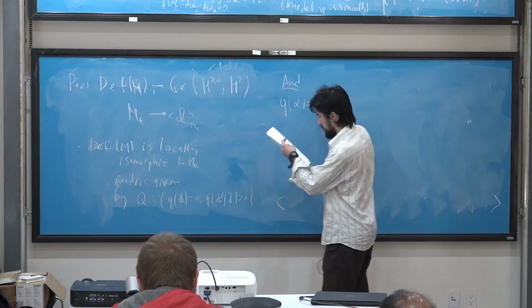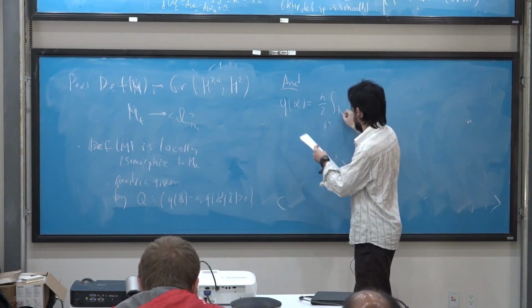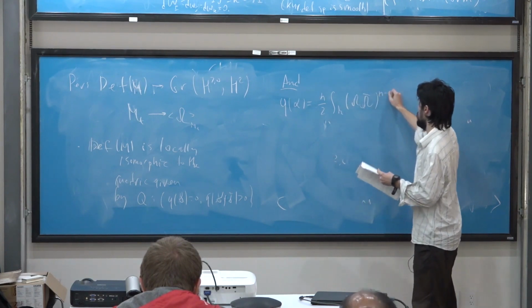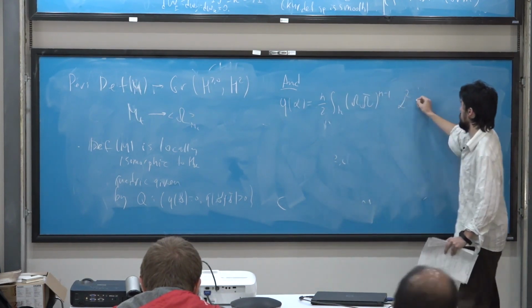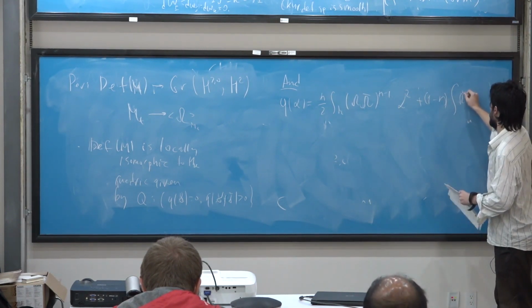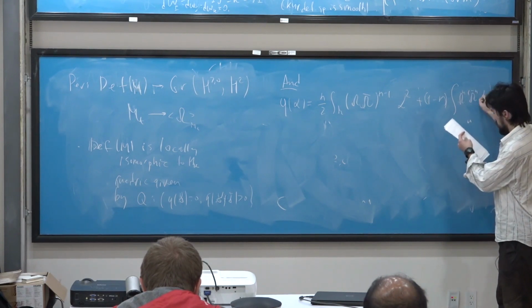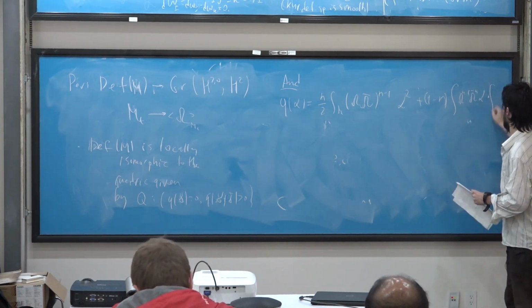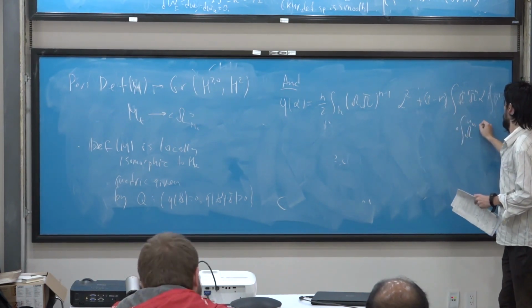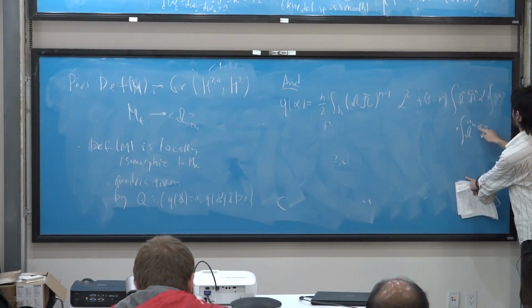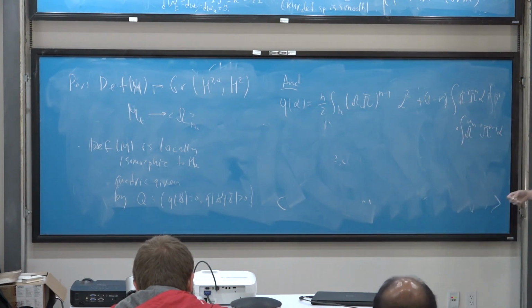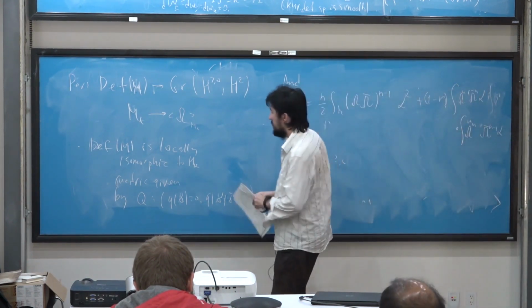Q of alpha is n over 2 times the integral of alpha squared, omega to the n minus 1, omega bar to the n minus 1, plus 1 minus n times the integral of alpha, omega to the n minus 1, omega bar to the n, times the integral of alpha, omega to the n, omega bar to the n minus 1. It's kind of easy to check this.